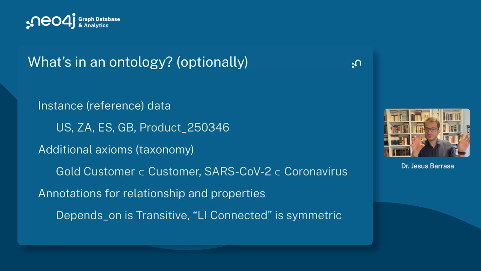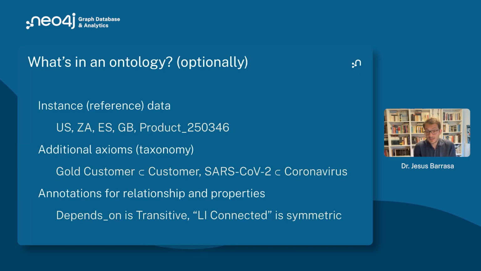So we organize things in a taxonomical organization that happens very often in life sciences, in pharma, and, well, it might bring bad memories, but the SARS-CoV-2 virus is a subcategory of coronavirus, if you remember that. So it's this idea that things are organized in taxonomies, and that's another way of enriching your ontology.